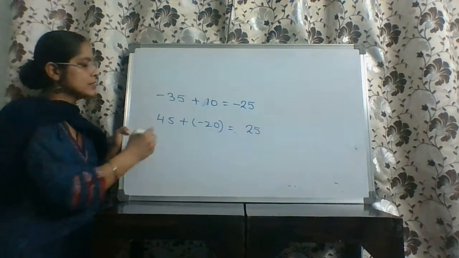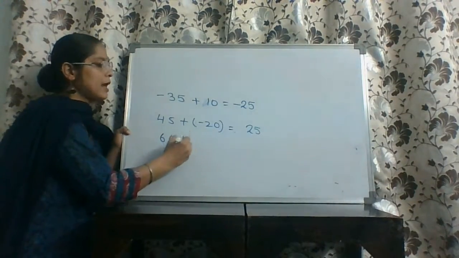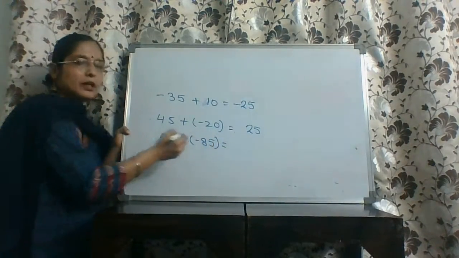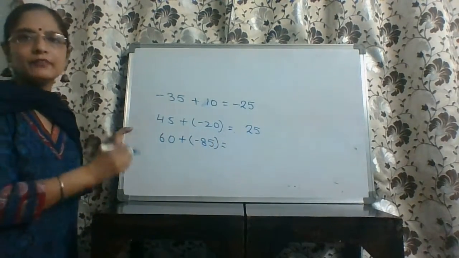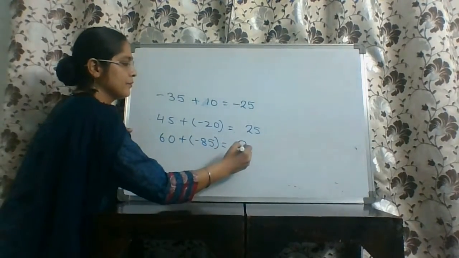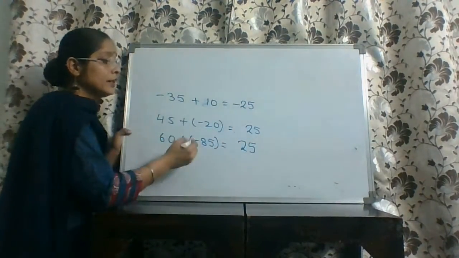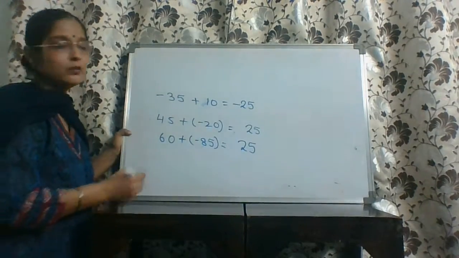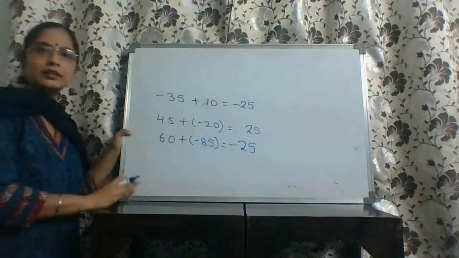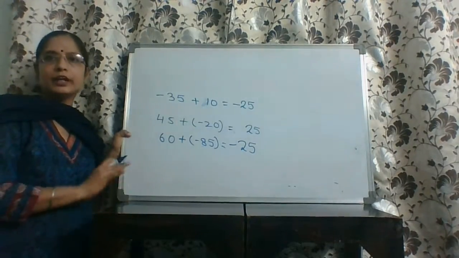Let us take one more example. 60 plus -85. First, we are going to simply find the difference of 85 and 60. The difference is 25. Now, the negative sign is with the higher value, so I will put a negative sign. These are the rules for addition of integers.